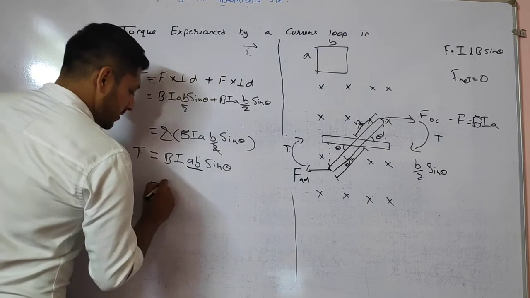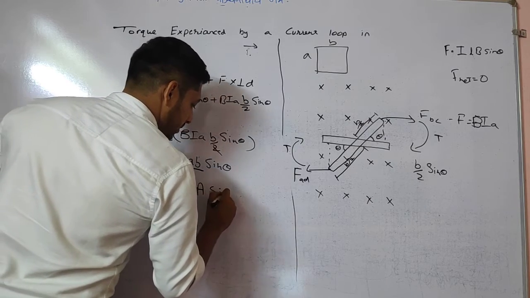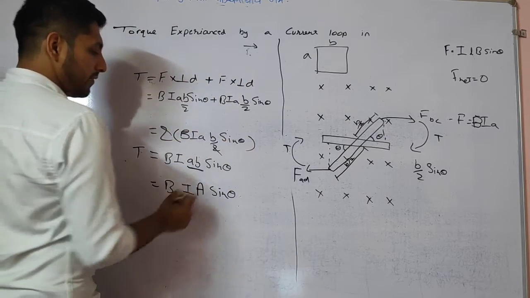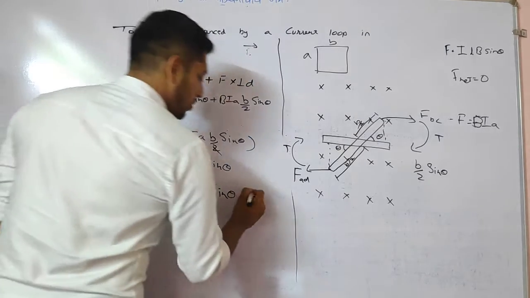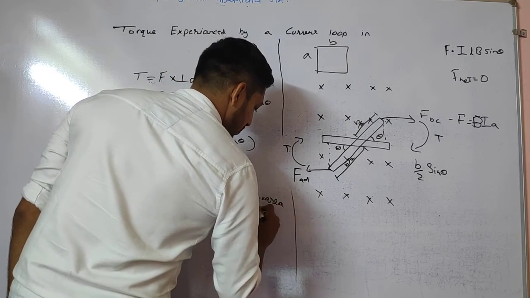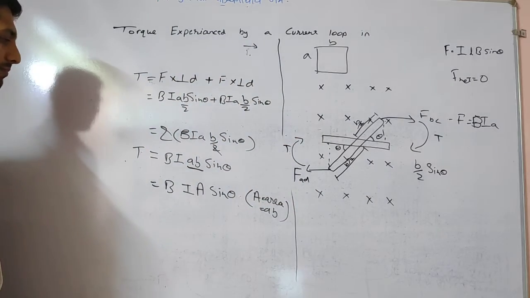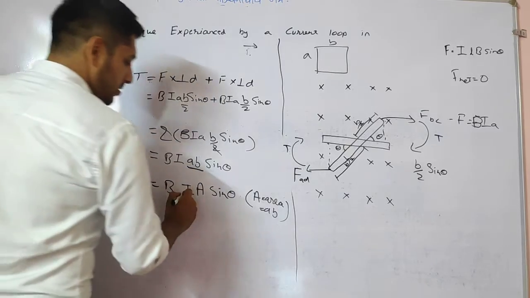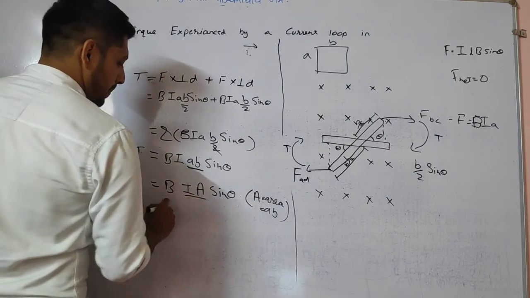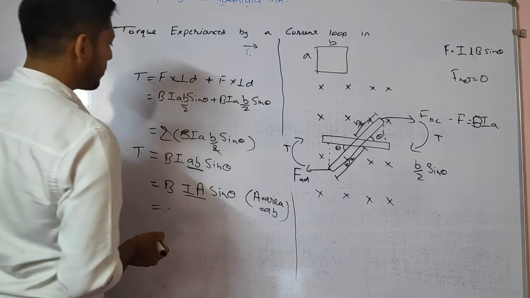So can I write it in this form? B into I A sine theta. Can I write it? Where A is the area. A is equals to area of loop is equals to A into B. Can I write it in this form? So what is this? It is magnetic moment. So can I write what is our magnetic moment?